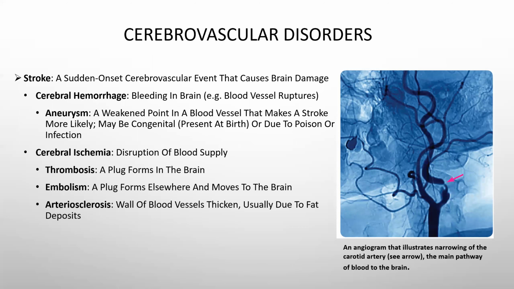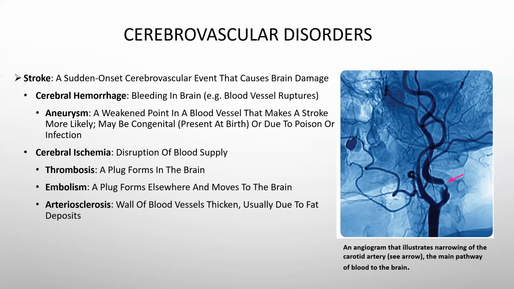What about cerebrovascular disorders? So stroke, which is a sudden onset cerebrovascular event, can cause brain damage. For instance, cerebral hemorrhage, which is a bleeding in the brain, can occur. Okay. A type of cerebral hemorrhage could be an aneurysm, a weakened point in any blood vessel that makes a stroke more likely.